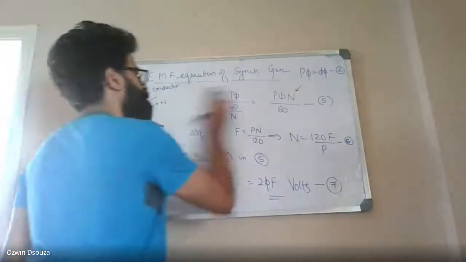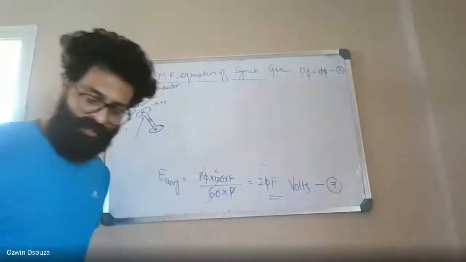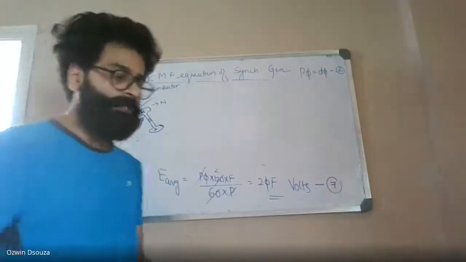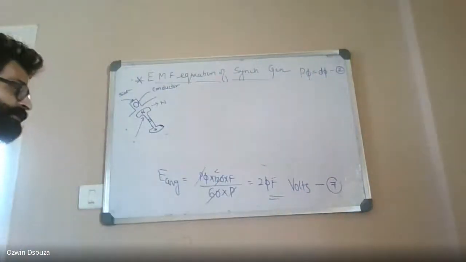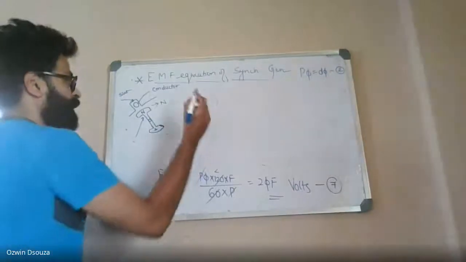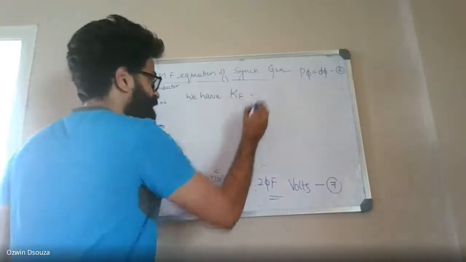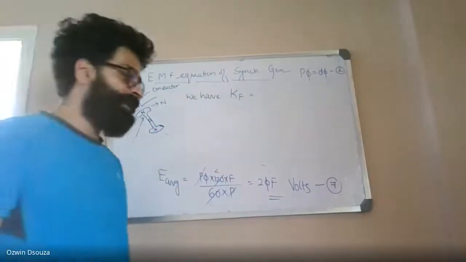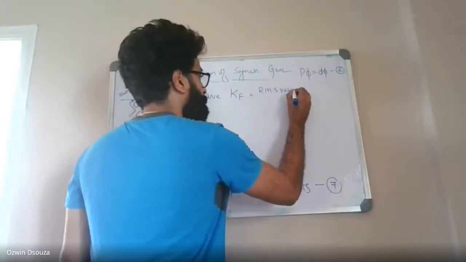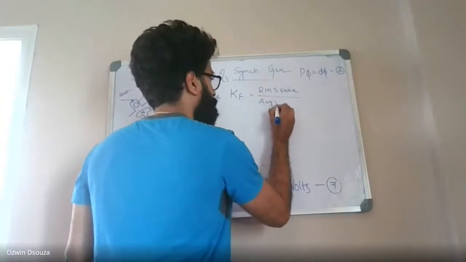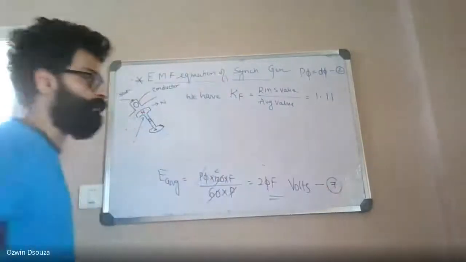But you know that in our day-to-day life, nobody talks about the average value or the maximum value. We talk about the RMS value. So let's try converting this average value into RMS value. We have the form factor expression: for a sinusoidal wave, the form factor is the ratio of RMS value to the average value, and it is 1.11.